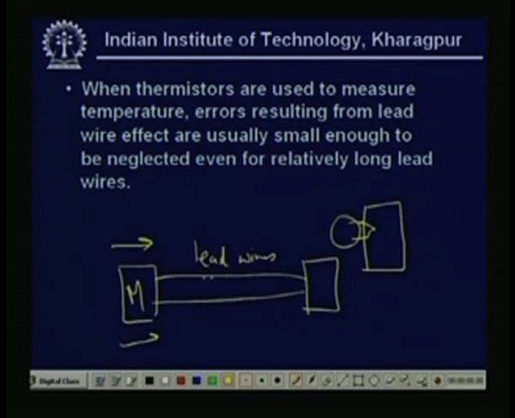It will not see only the thermistor resistance, it will also see the lead wire resistance plus thermistor resistance. So, the lead wire temperature variation is very important in instrumentation, right. It is not important in the case of thermistor because its value is high, but it is very important in the case of RTD. We will see that in a later lesson.